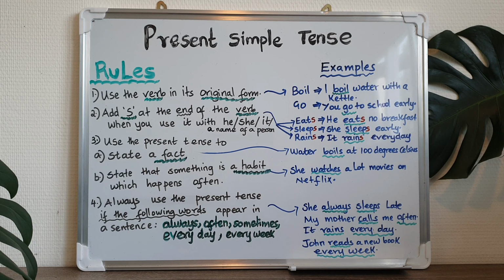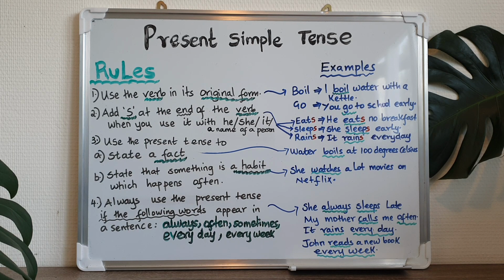Okay? When you use the verb with he, she, it, or a name of a person, you must add an S at the end of the verb.